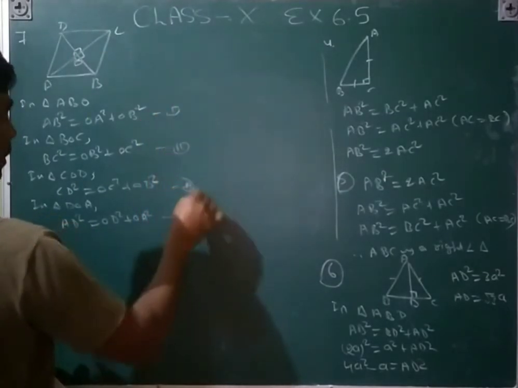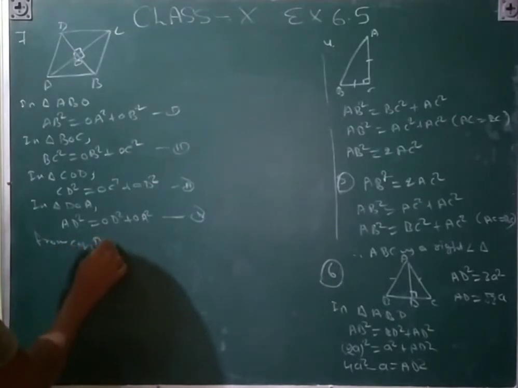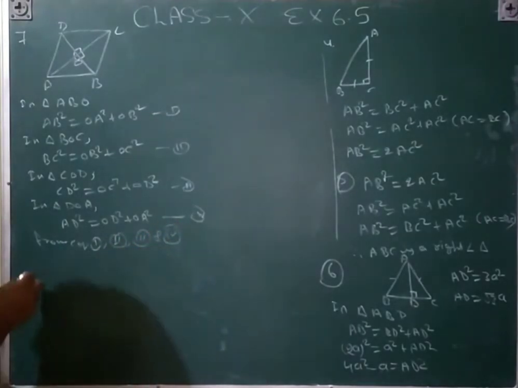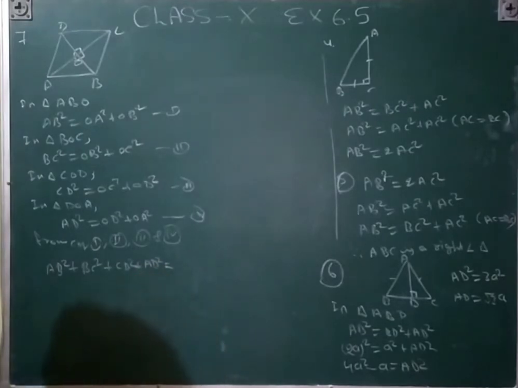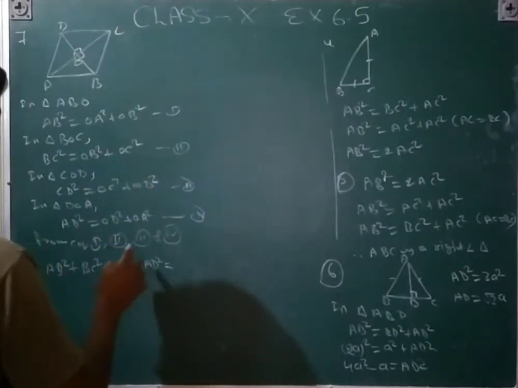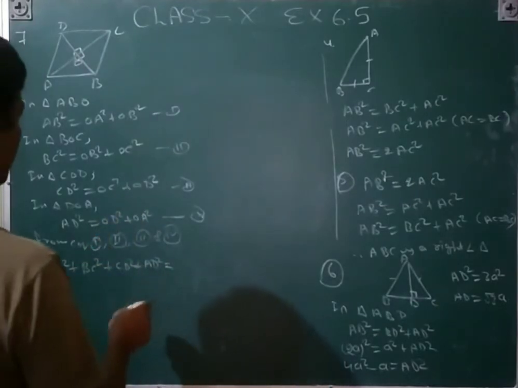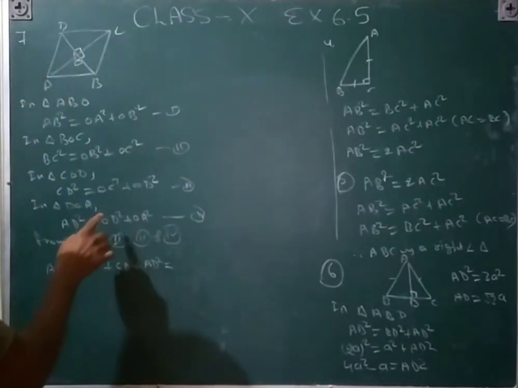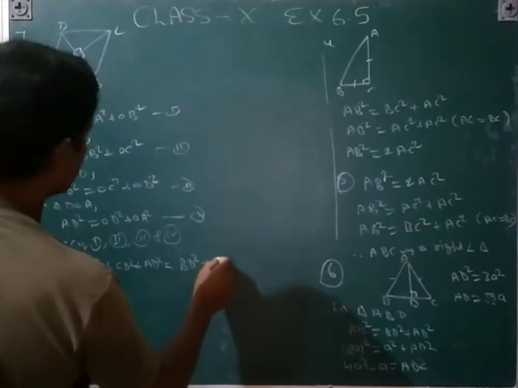First, second, third, fourth equation. From equations first, second, third and fourth, AB square plus BC square plus CD square plus AD square is equal to 2 times OA square plus OB square plus OC square plus OD square, which will be BD square plus AC square.